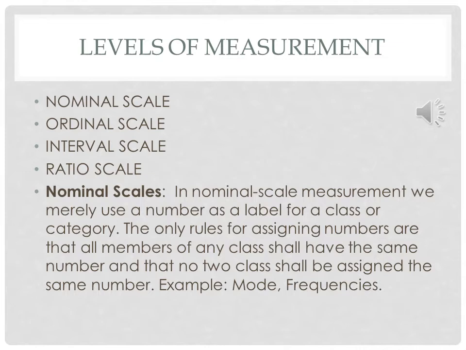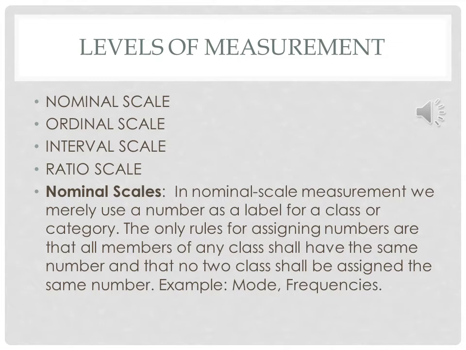Here we have these 4 different levels of measurement: the nominal scale, ordinal scale, interval scale, and the fourth one is the ratio scale.